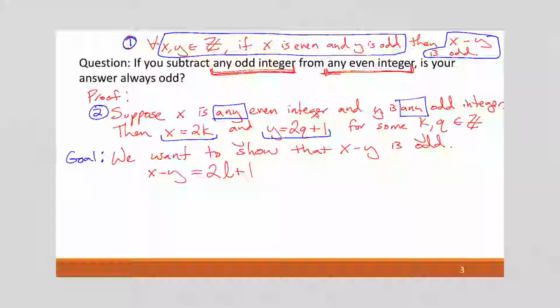So, what I'm going to do is just start with x minus y and say, what do we know about x minus y? Well, we know that x is equal to 2 times k, some integer k, so I'm going to substitute. And I know that y is equal to 2q plus 1, so I'm going to substitute. Here's another common mistake.